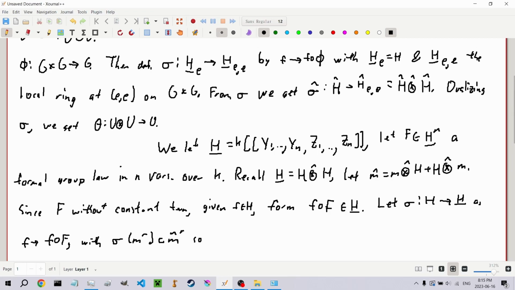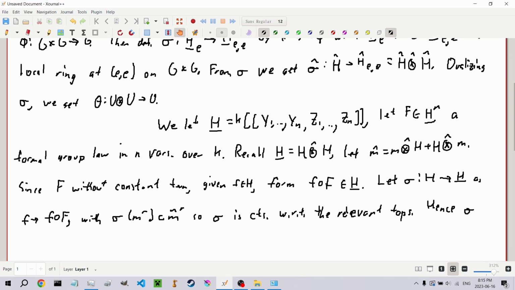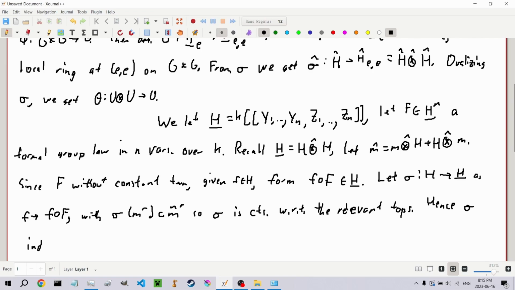So sigma is continuous with respect to the relevant topologies on our two M's. And of course that means sigma induces a map theta from U times U onto U by dualizing.